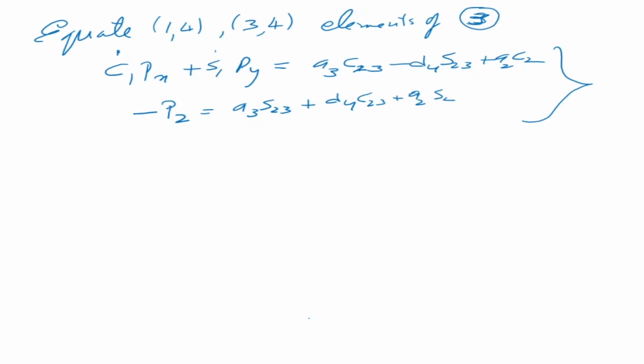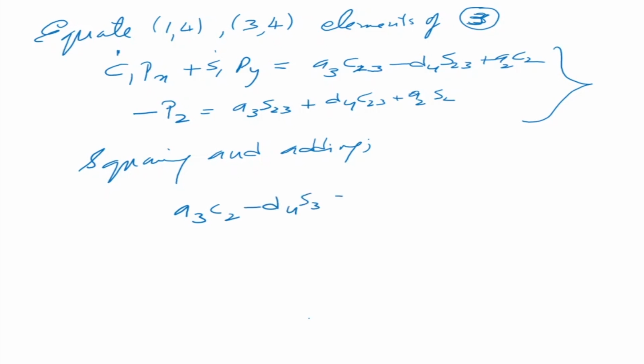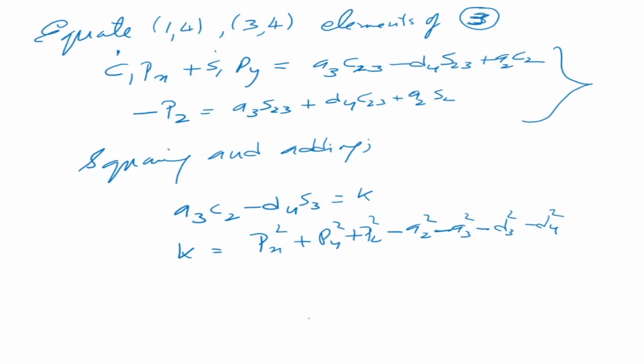So what we do is square the equations and add. Squaring and adding, what we get is a3 c3 minus d4 s3 is equal to k, where k is equal to px squared plus py squared plus pz squared minus a2 squared minus a3 squared minus d3 squared minus d4 squared, divided by 2a2.